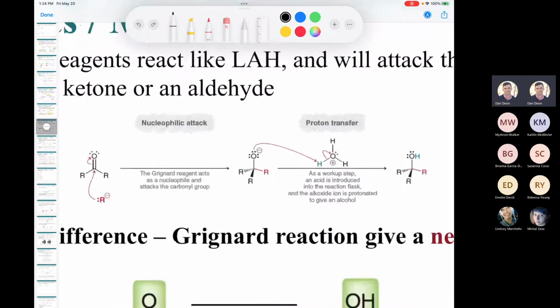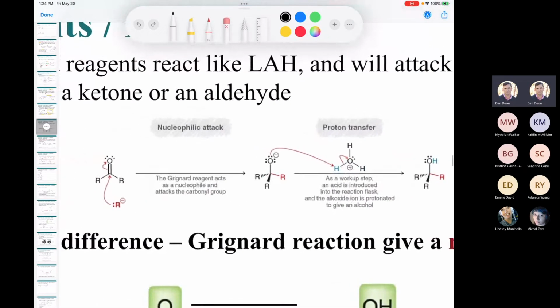Let me just zoom in here on this mechanism. And I'm going to write here so that you know, you must know this mechanism. You have to know the mechanism of the Grignard reaction. So here's my Grignard reagent.